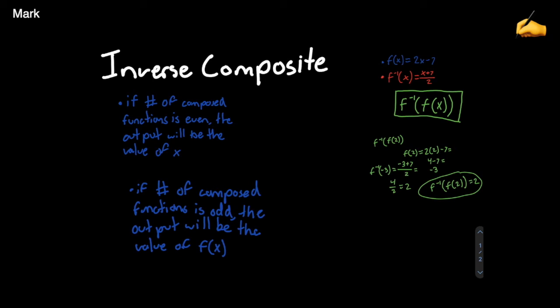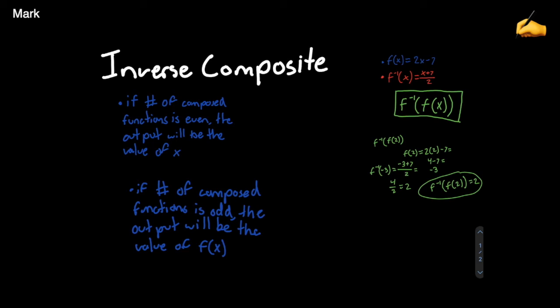For example, if it's f of g of h of x, that would be 3 composed functions, f, g, and h. If it is f of j of x, then there would be 2 composed functions. So if the total of composed functions is even, the output will be the value of x.